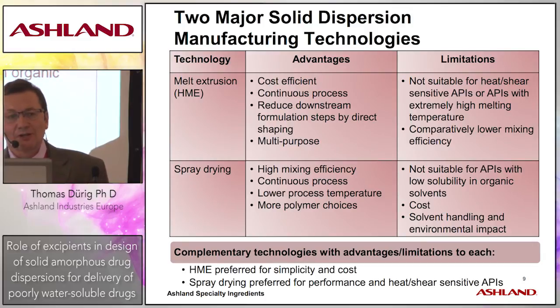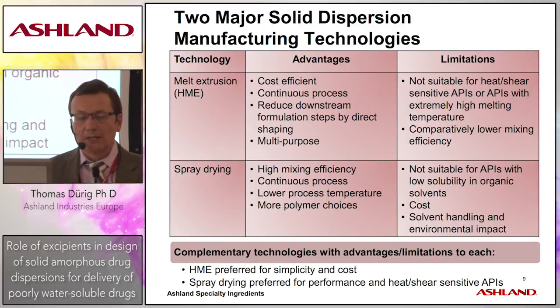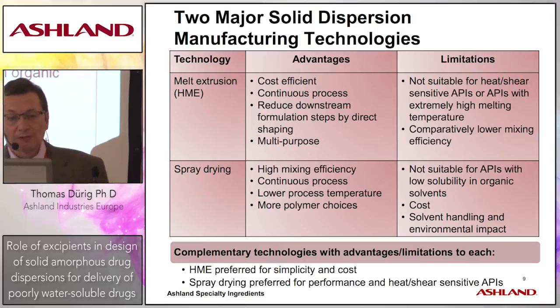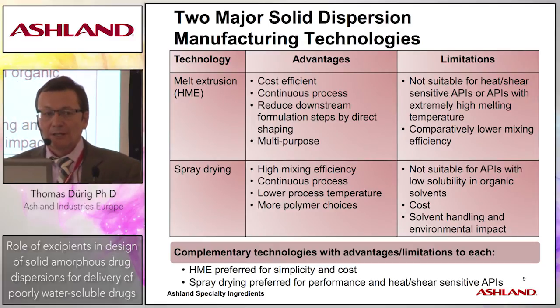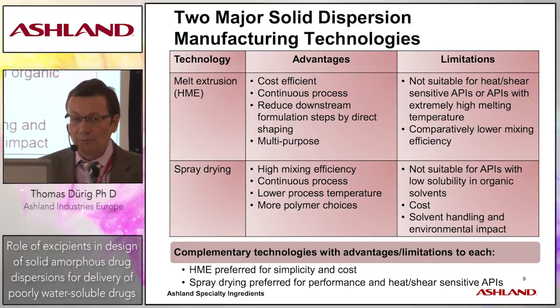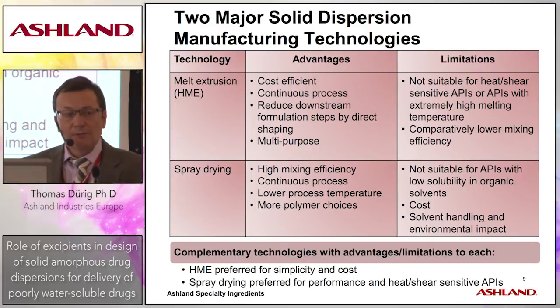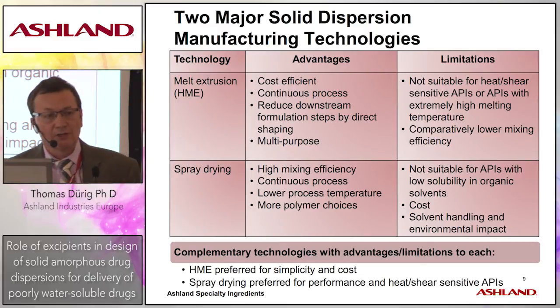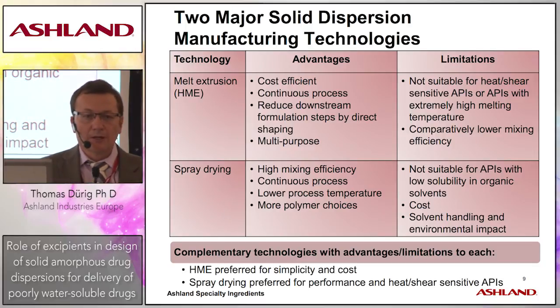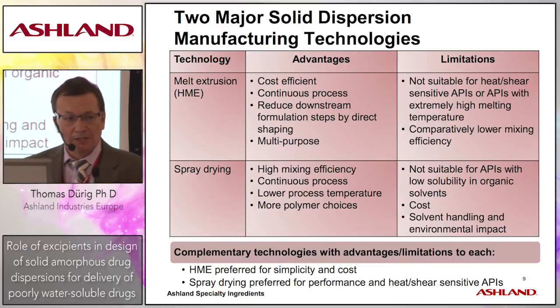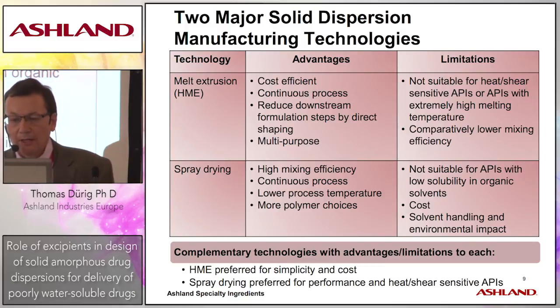And in some very challenging cases where there may be a really strong tendency to recrystallize also in the solid state, you may not be able to succeed with hot melt extrusion, because inherently, although there's a lot of research being done on this aspect of hot melt extrusion technology, inherently the mixing efficiency in a hot melt extruder tends to be less than it is when you have a drug and a polymer completely dissolved in a mutually acceptable solvent, and both things are in the true solution state. So you don't quite get the same intimate mixing as you do in spray drying.